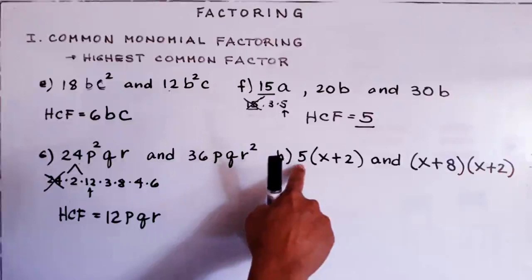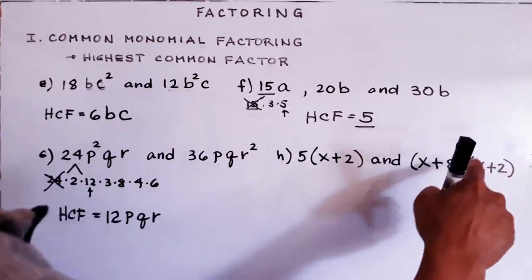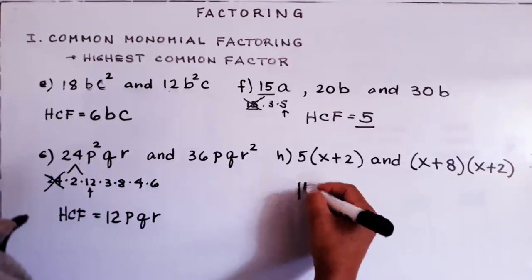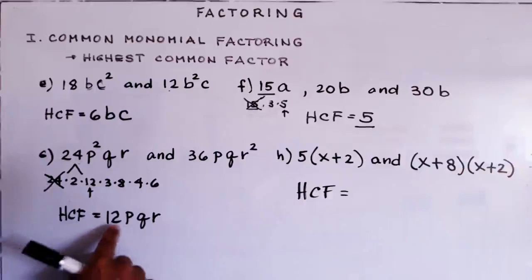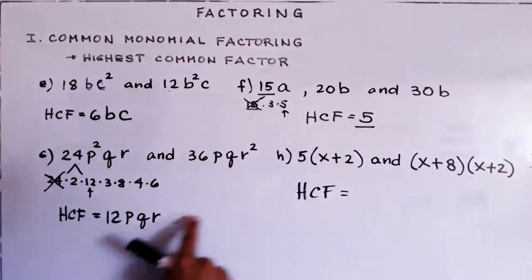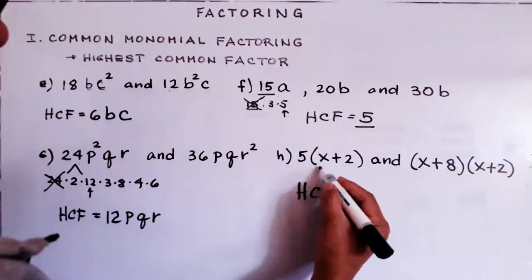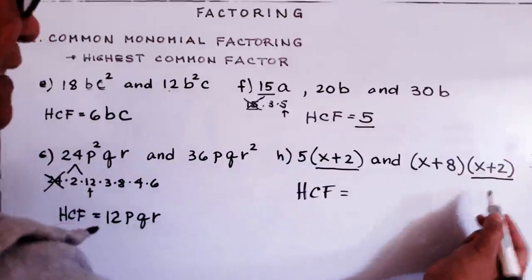Alright, do you have 5 here? No, we don't have. What is common to them? What's the HCF here? A binomial, not a monomial already, because here we have monomial, monomial, monomial. And here, we have the common, and we can see clearly the x plus 2 and the x plus 2, they are the same.